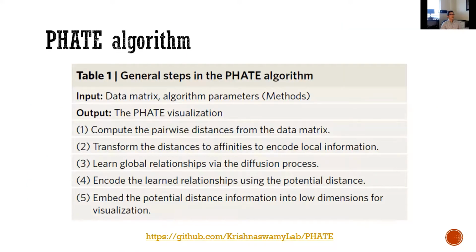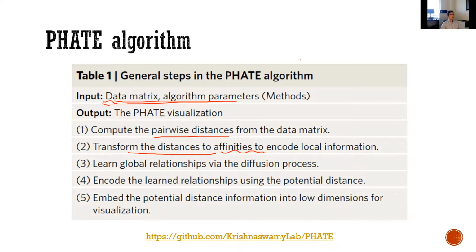So those are the main steps in the PHATE algorithm. We start from the matrix of the gene expression levels of single cells. That's exactly the single-cell RNA-seq data, the UMI counts. And then you first compute the pairwise distance, and then transform the distance using the kernel method.